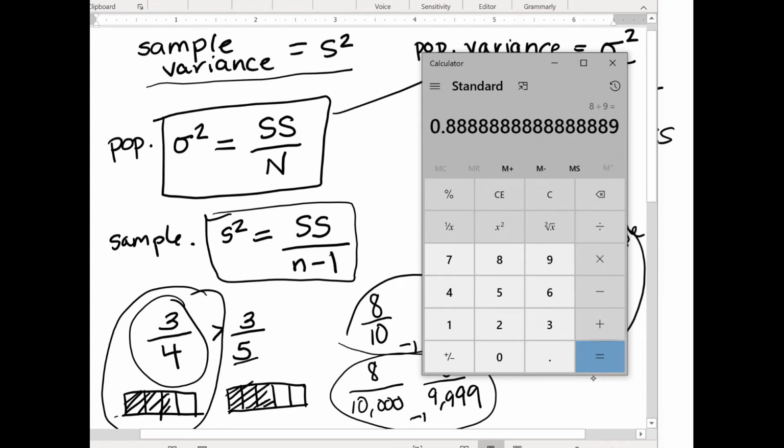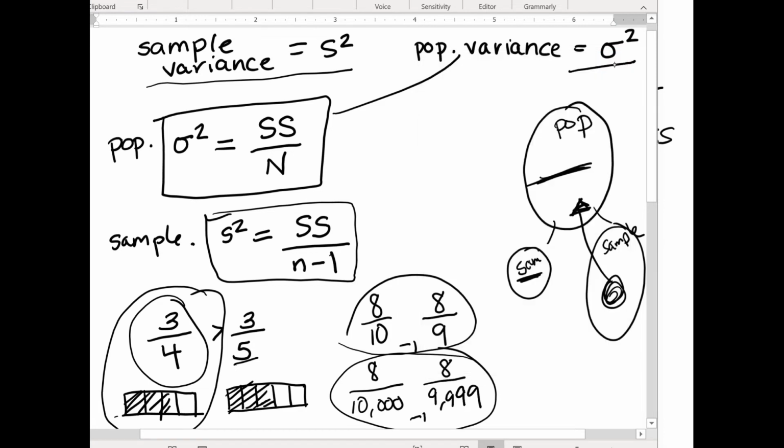That's a much bigger difference. Okay, so when we're dealing with large samples, this n-1 doesn't change things a whole lot. But when we're working with little samples, it does bump up that variance to help be a better estimate of that population variance.